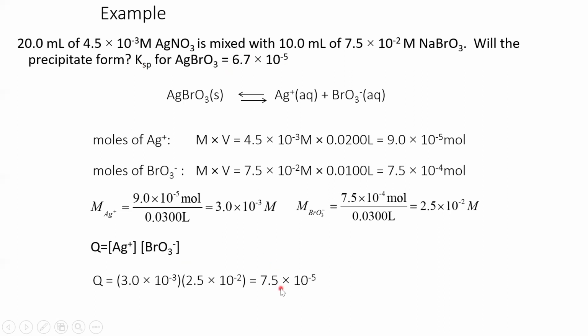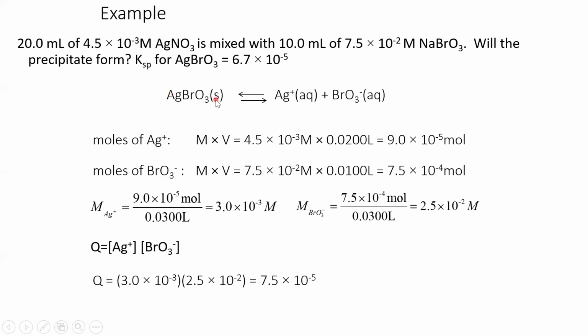Is Q bigger or smaller than K? Bigger. Good. So if Q is bigger than K, that means we have too much ion in solution. Which way would this equilibrium shift if we have too many ions in the solution, right or left?